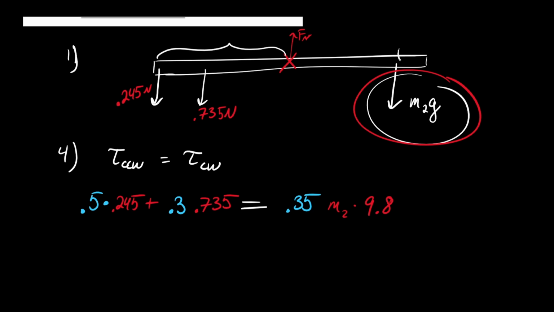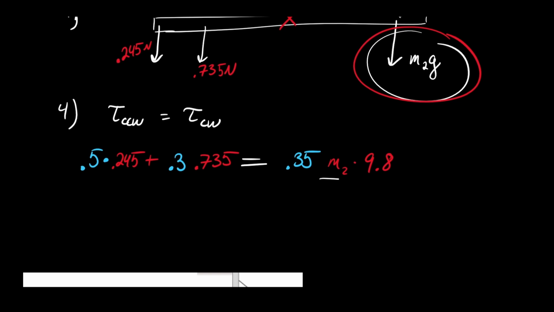Okay, perfect. Now I check, do I have the same number of equations and unknowns? I don't know m2, that's what the question is. And I have one equation, so I'm all good. One equation, one unknown. So the last step will be to just solve for m2 algebraically. So I'm going to total up everything I see on this side. 0.5 times 0.245 plus 0.3 times 0.735.